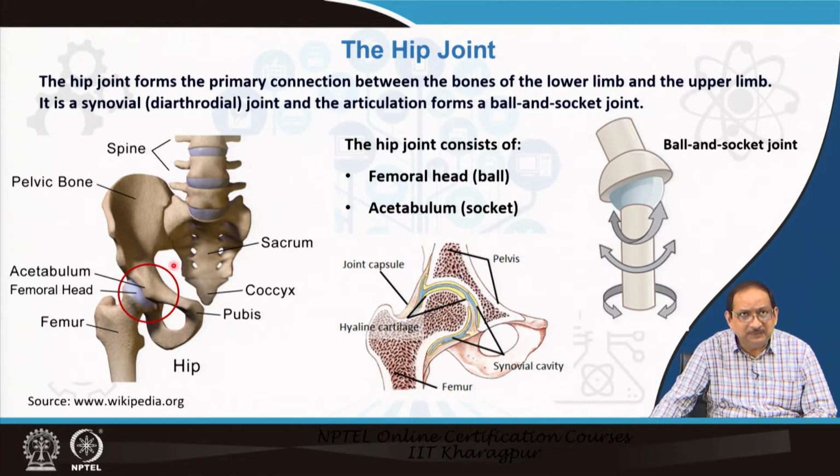As shown in the figure here towards the left and in the sectional view of the hip joint in this figure. Now, I am showing you a composite femur, which is a femur very similar in structure and geometry to the actual femur.